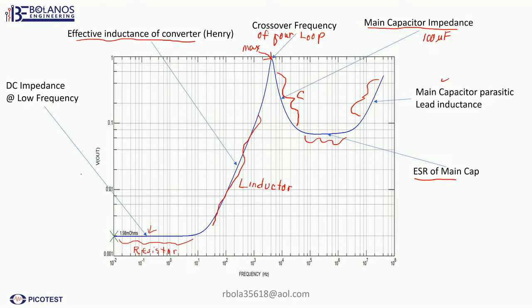Okay, so just by looking at this plot or any other plot, once you know that an ascending plot is an inductor, a descending plot is a capacitor, and anything that's horizontal is a resistor. Okay, so this is the main idea that I want you to get, that by looking at this, you should be able to interpret what is affecting what. Okay.